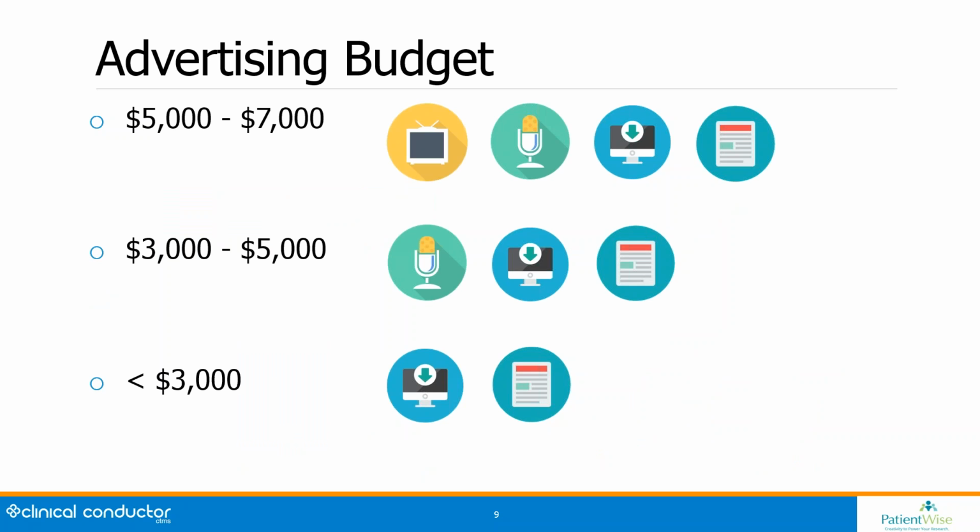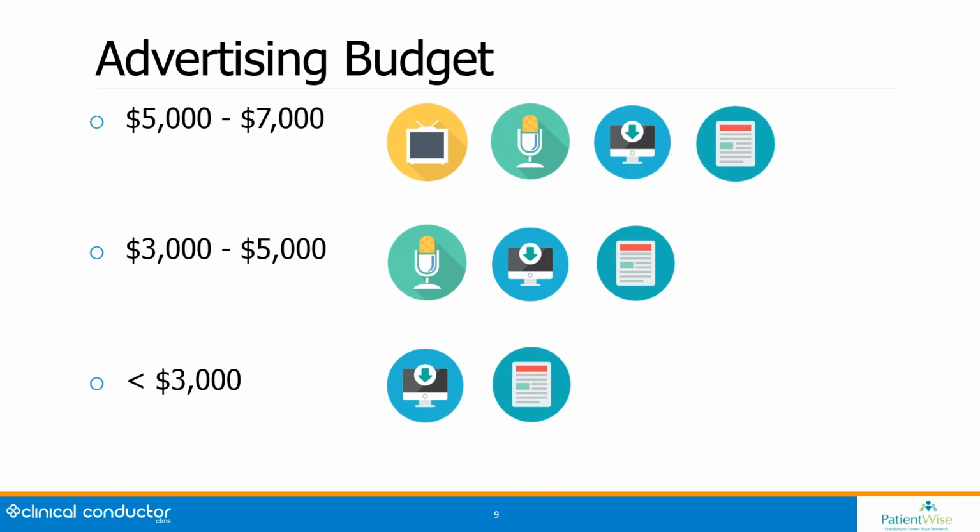And the last portion of this section I want to talk about is analyzing that advertising budget that you've received. The amount that you've received from the sponsor, in my opinion, is going to be actually the biggest determinant in what media type you'll be using for your advertising campaign. If your budget's somewhere between $5,000 and $7,000, which in my experience is on the higher end from the sponsor, I have seen budgets higher than that, but it's more rare.